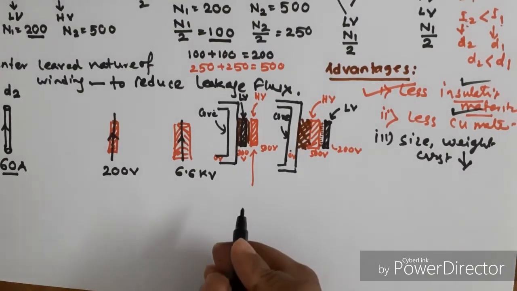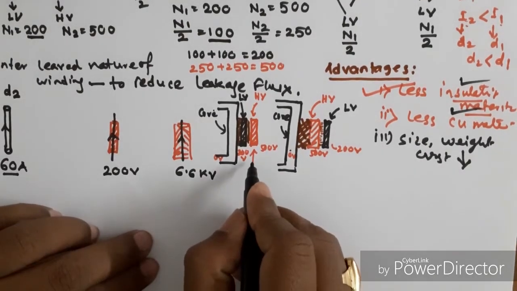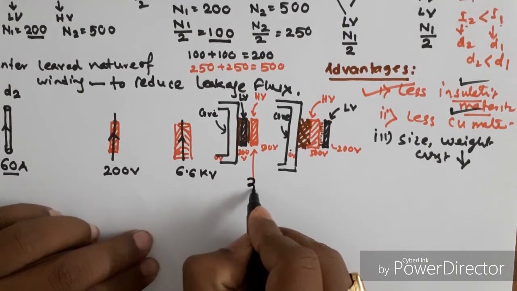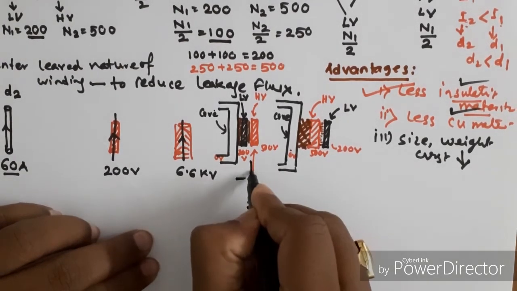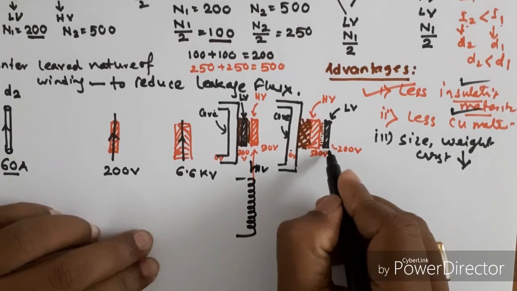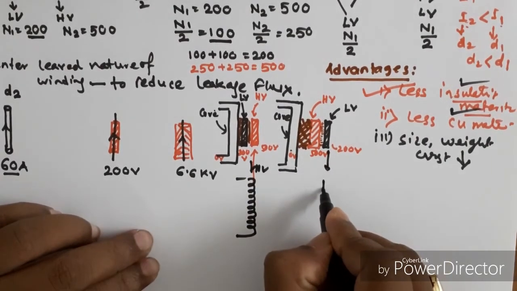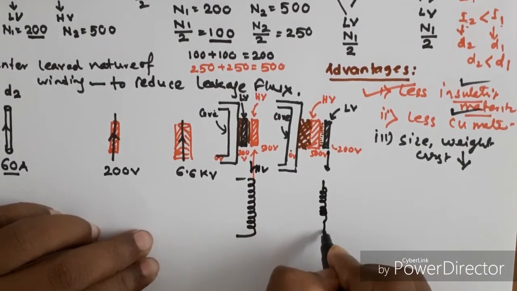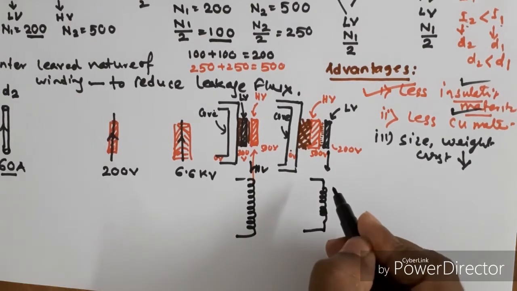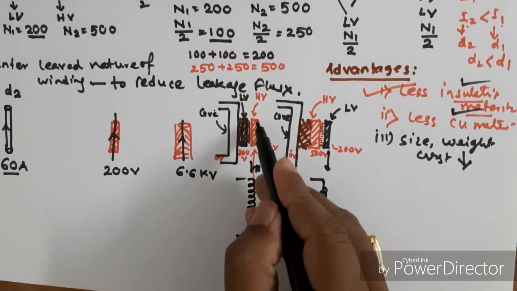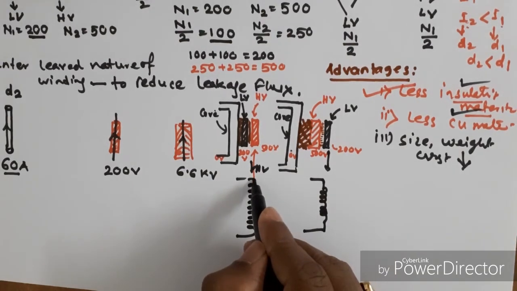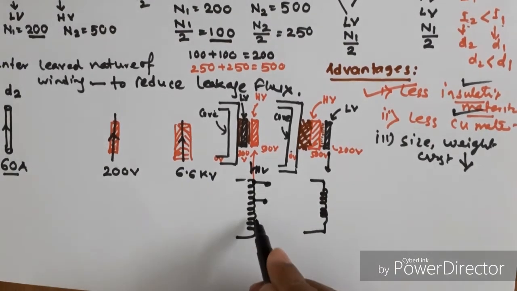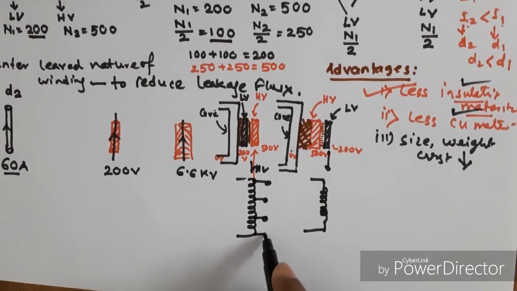Next point, the high voltage winding has more number of turns. This is the high voltage. The low voltage winding has fewer turns. If we place the high voltage winding outside, then the tapping can be provided very easily.